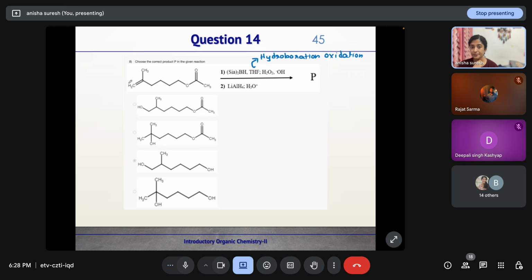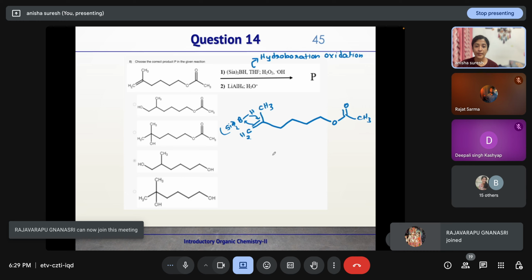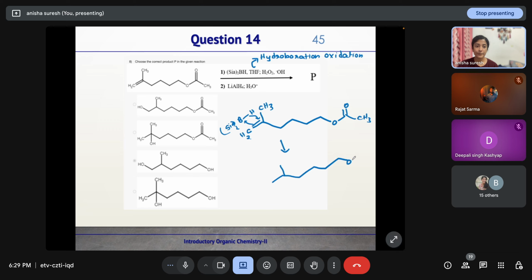So here OH will come. In the first substrate, with the CH3 and double bond CH2, if we consider this boron species, syn addition will take place and the borane will come on this side after hydroboration.